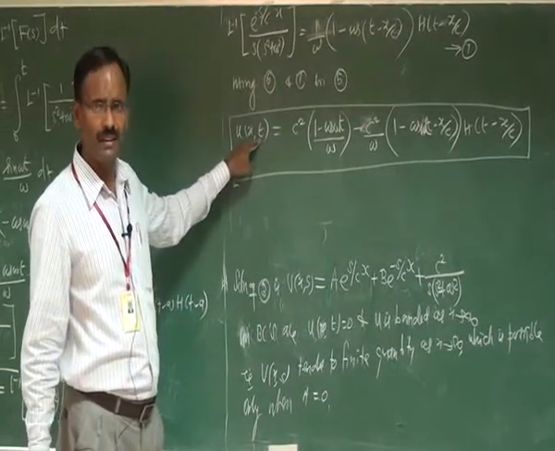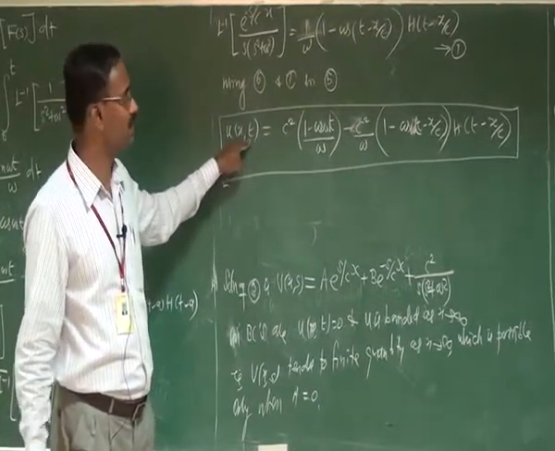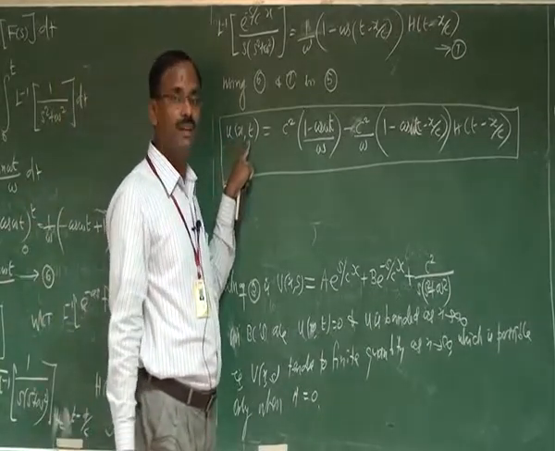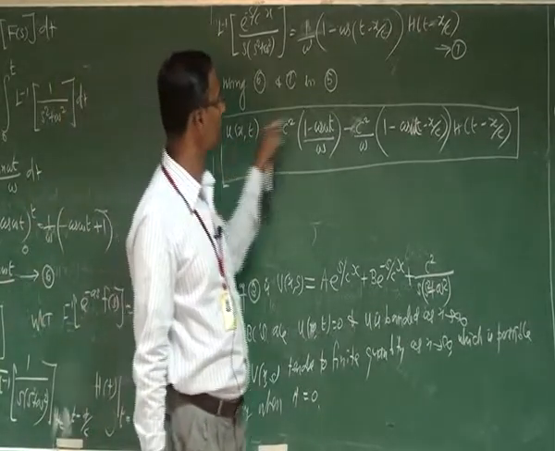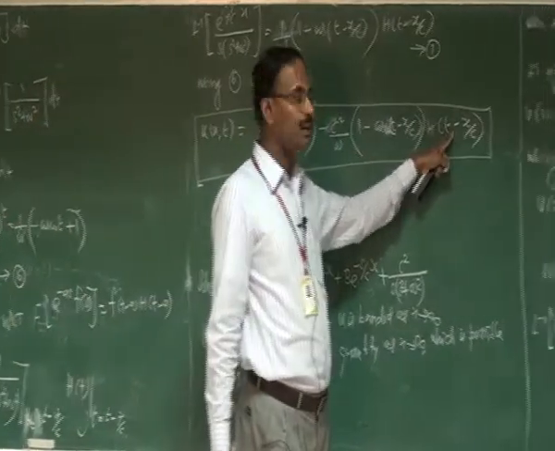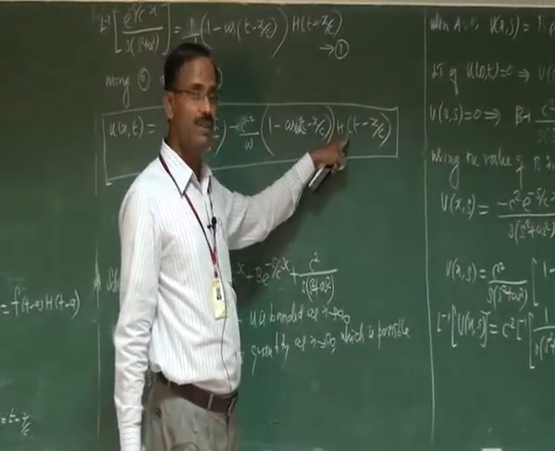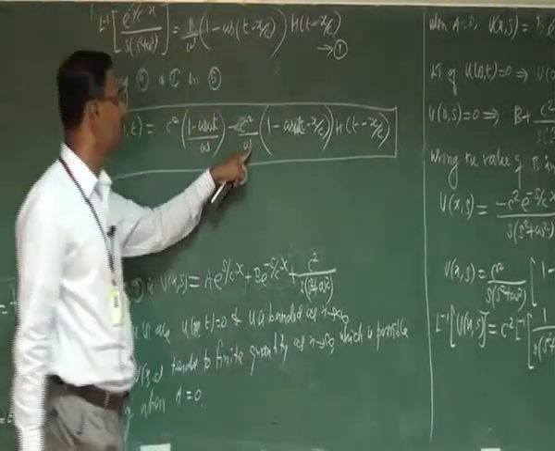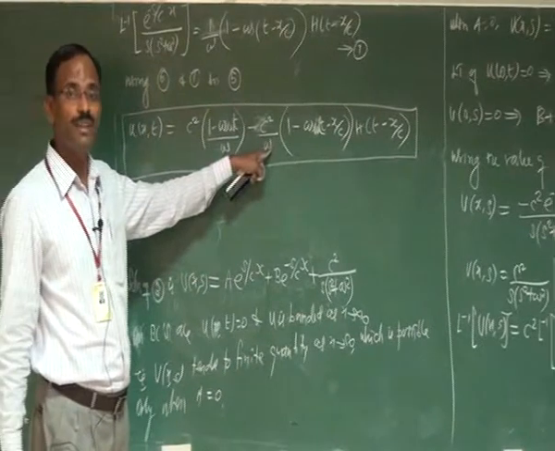Suppose you check whether it satisfies the initial position of the string. If we substitute t equal to 0, the unit step function returns the value 0. Therefore, the second part becomes 0.